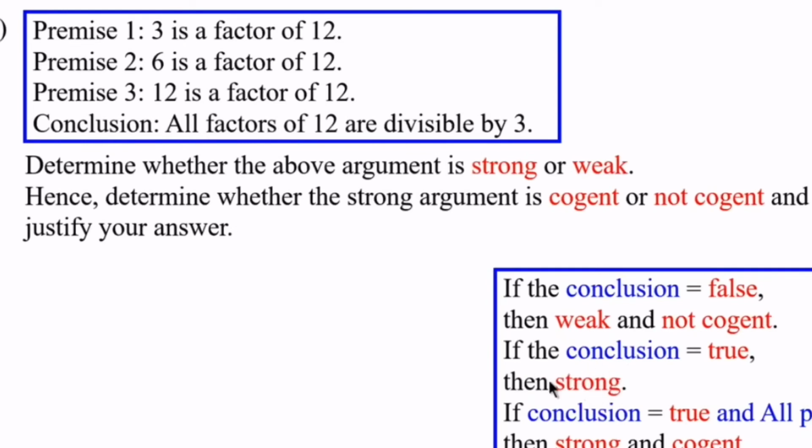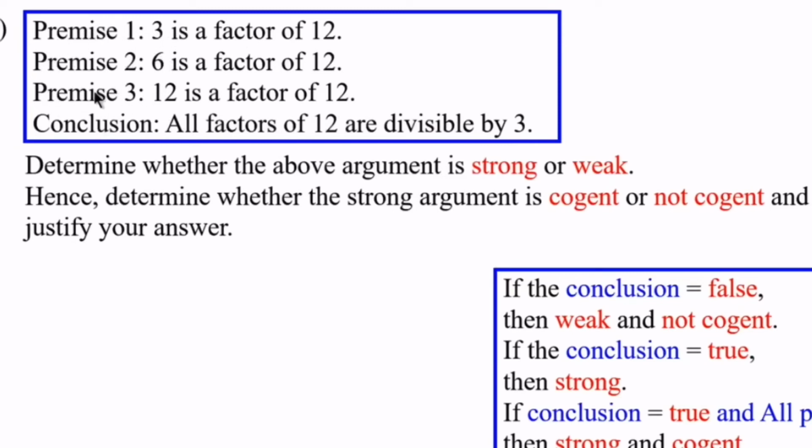If the conclusion is false, then we say the argument is weak and also not cogent. If the conclusion is true, then we check all the premises. If all the premises are true, it's strong and cogent. If one of the premises is false, it is strong but not cogent.